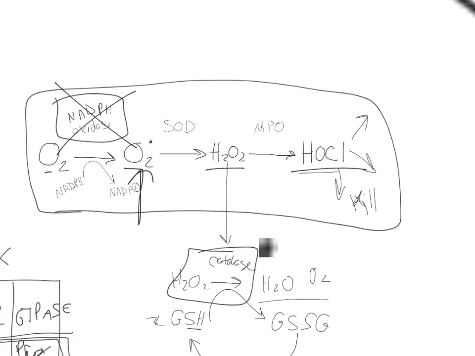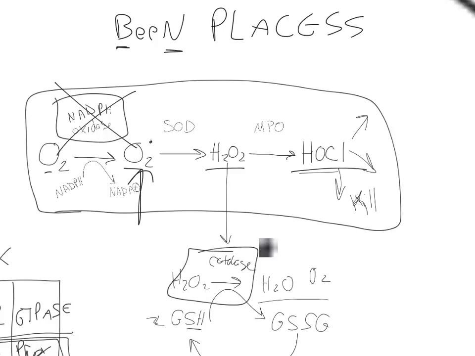So what are the catalase-positive bacteria? It's the mnemonic BIN places. The BIN, I keep that there because I think First Aid gives you the mnemonic, and the only thing that means anything is the N for Nocardia. But there's also Burkholderia that's catalase positive, Nocardia, Pseudomonas cepacia.